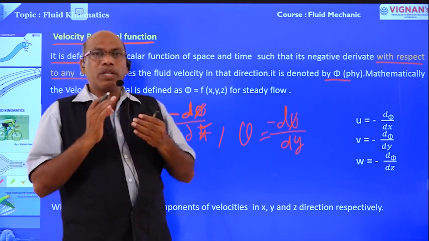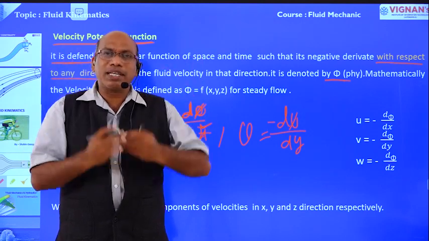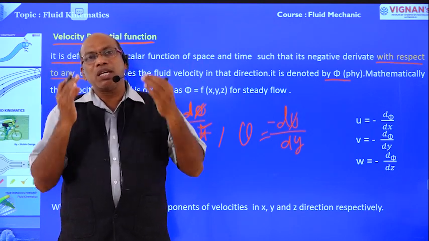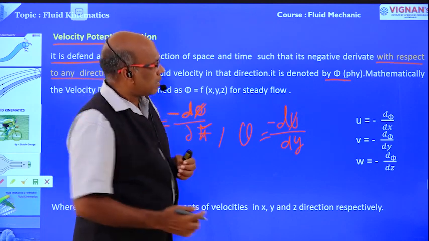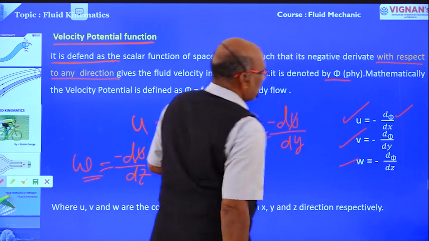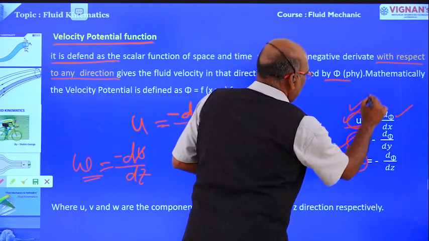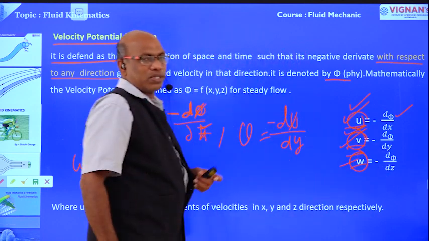The negative derivative with respect to any direction gives the velocity component in that direction. That is the velocity potential function.